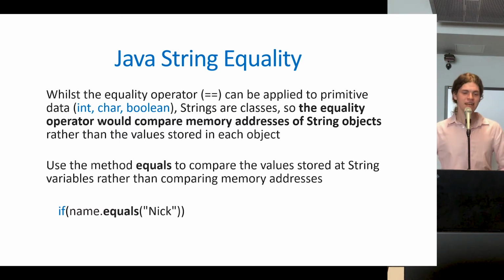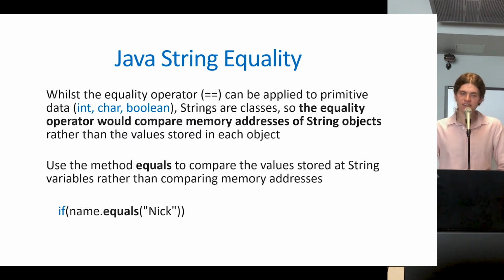So handily, there is a method, it's part of the string library, called equals, that we can use instead of the comparison operator, the equality operator, two equal signs. And the equals method will check the value inside of the string. So you notice here, we just need to call the equals method on a string object, and then between the parentheses is the value that we want to pass, to check whether it is equal to that or not.